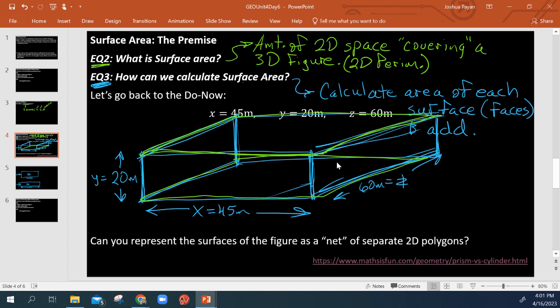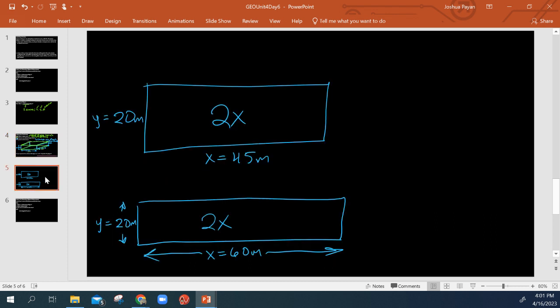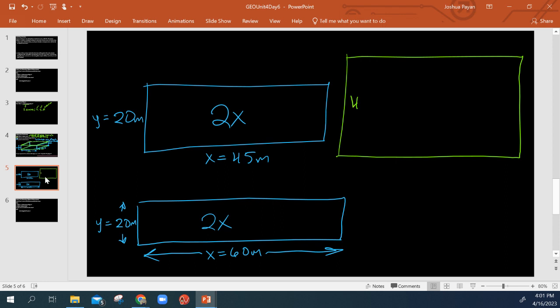Okay, so in total we have six surfaces. So the floor and ceiling would be 45 by 60. Okay, so a much larger surface. So 45 meters, and that's our x dimension, by 60 meters. That's our z dimension that we call it.